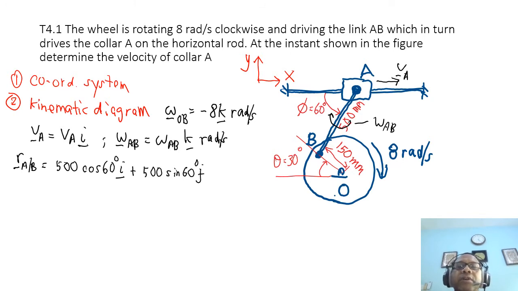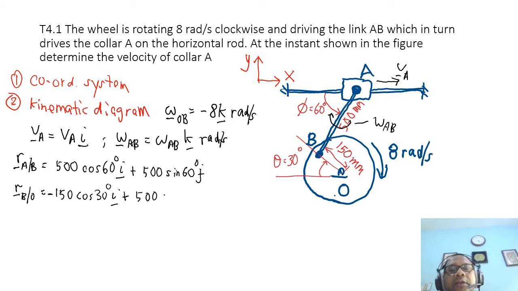What else do we have? We have position vector B relative to O, which equals, since B is to the left, negative 150 cos 30 degrees i, and B is on top of O, so positive j, 150 sine 30 j. Anything else that we have?